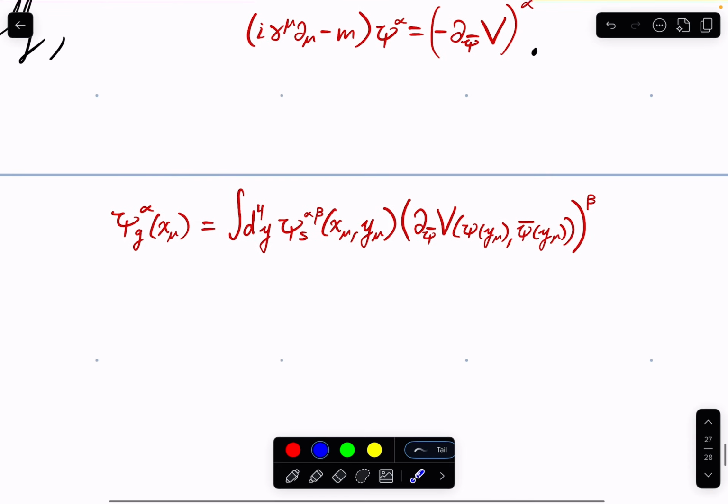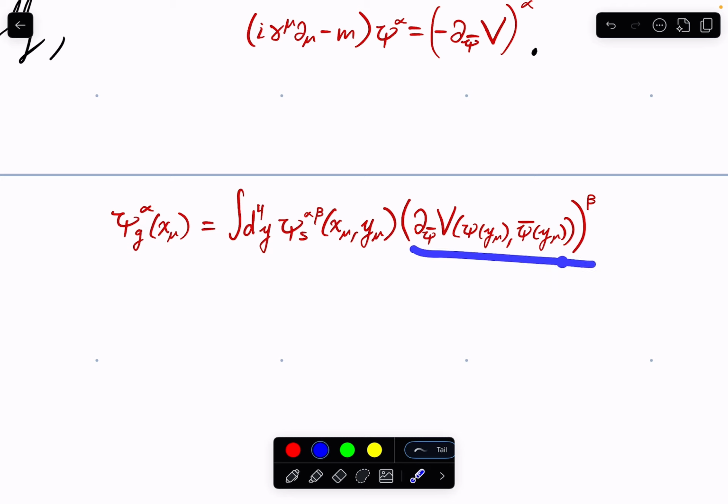So for a general solution, the component alpha will come from some component of the derivative of the interaction potential. So we'll just call this the interaction. So some component of the interaction interacting with this special solution will return this general solution.